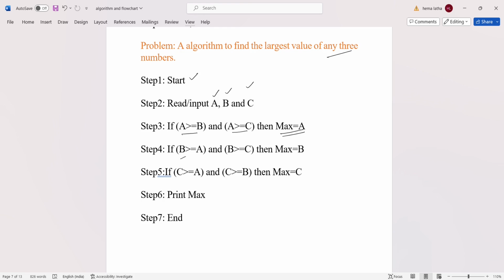If not, again we are going to take B now and check B. If B is greater than A and B is greater than C, then I can say max is equal to B. The same way we have to follow for C also. Then finally max is equal to C. So whichever condition is true, accordingly the maximum value will be saved. So finally we have to print maximum and end. So these are the steps involved to find the largest value of any three numbers.